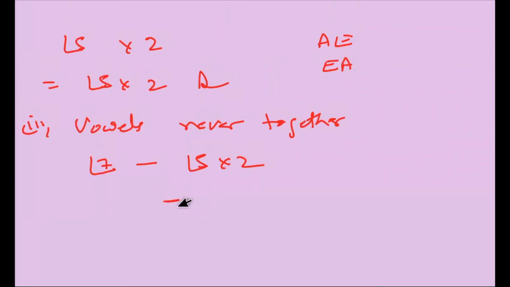Okay students, now I am telling you some different types of questions. Now you can see here the digits 4, 5, 6, 7. There are 4 digits here.